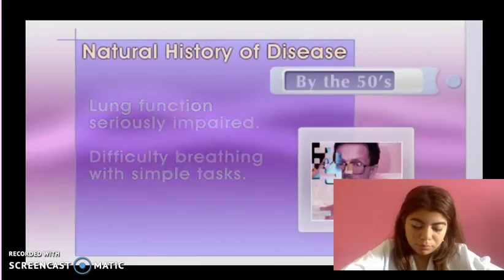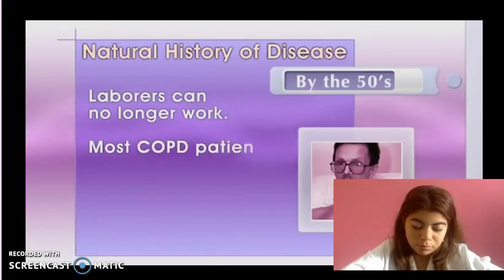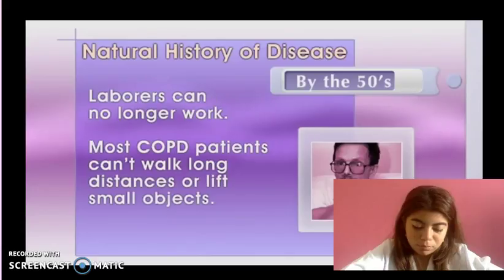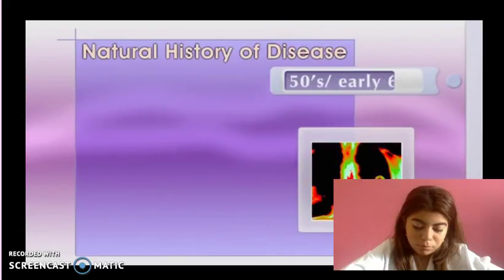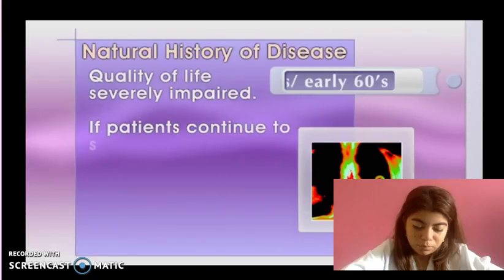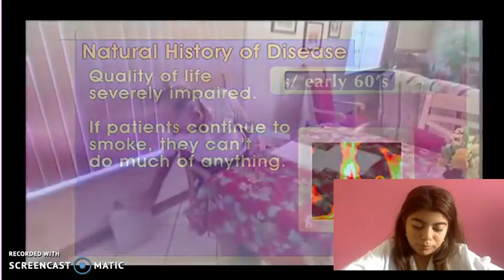By the 50s, people who perform physical labor, for instance, find it hard to continue this kind of work, and most COPD patients can't walk long distances and can't lift objects. By the late 50s or early 60s, quality of life is severely impaired. COPD patients, assuming they continue to smoke, cannot do much of anything in the way of physical activity.